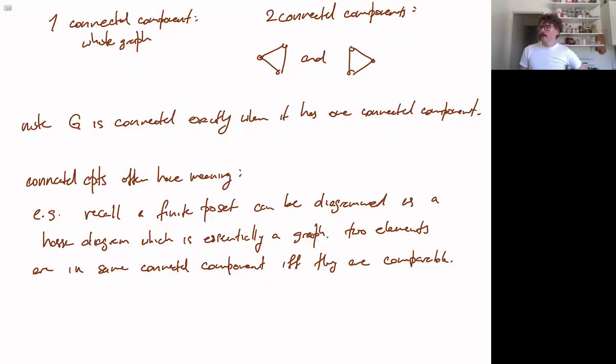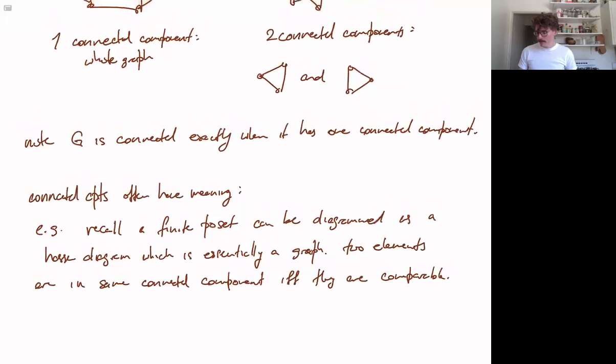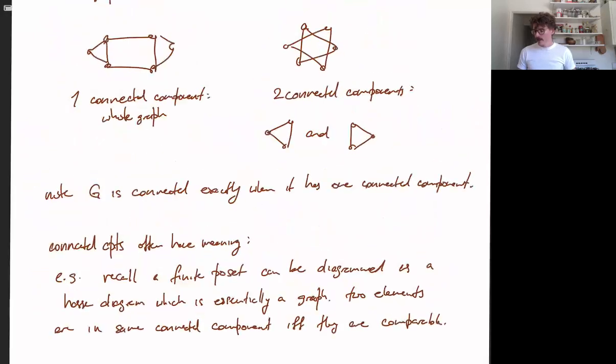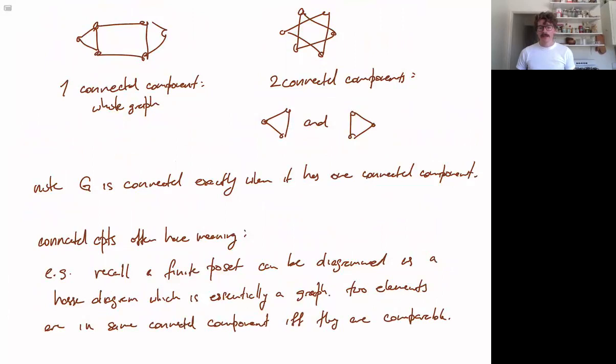And being comparable, or being connected in the Hasse diagram, means that there's a sequence that x is less than or equal to the next thing, and the next thing, and the next thing is less than or equal to y. And that is exactly what it means to be comparable. So in this example, when you are diagramming a poset as a Hasse diagram, the connected components encode exactly which groups of elements are comparable.